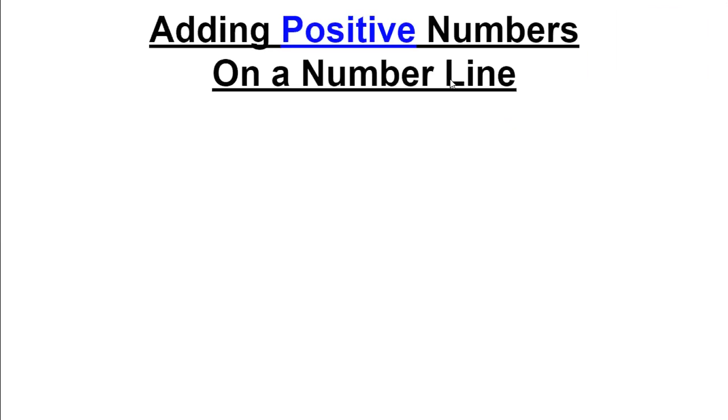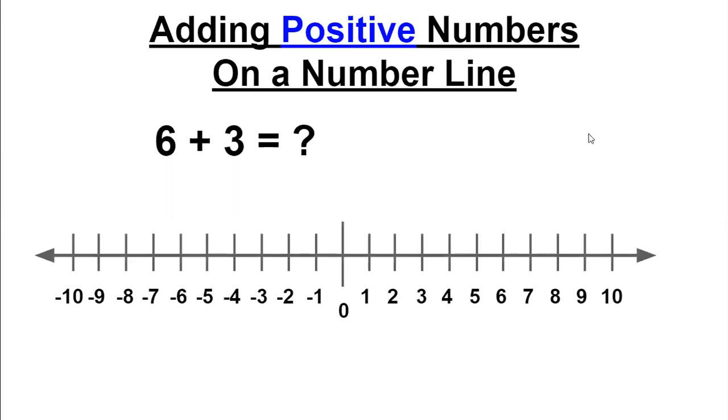Okay, adding positive numbers on a number line. So what is 6 plus 3? Sure, everybody's going to know that. Here's our number line. There's 6, right? Positive 6 plus 3 more. Now, we go from the point we stopped at.